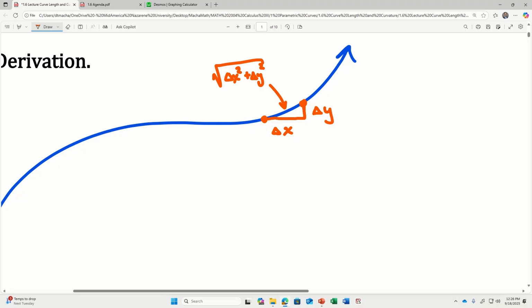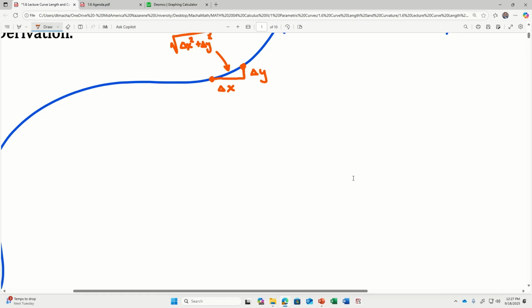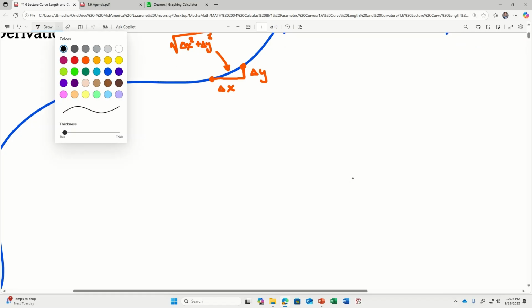If we zoom in close enough, then the curve should look like a line, and then we can draw this right triangle with a horizontal component and a vertical component, and the curved segment is the hypotenuse. So that's the square root of delta x squared plus delta y squared, and our goal then is to add up all of these little line segments.